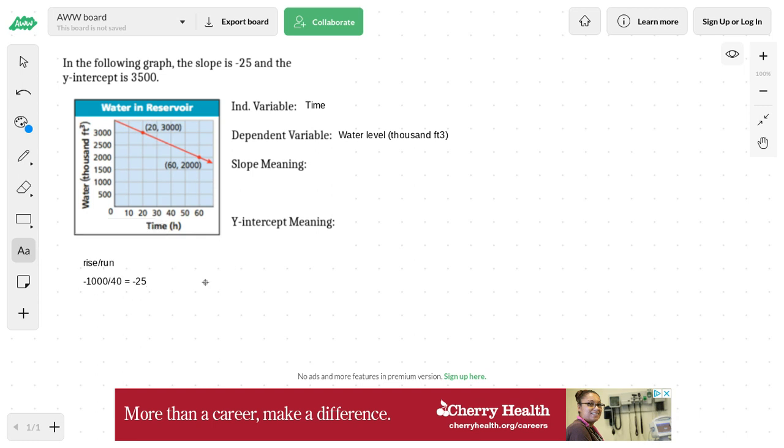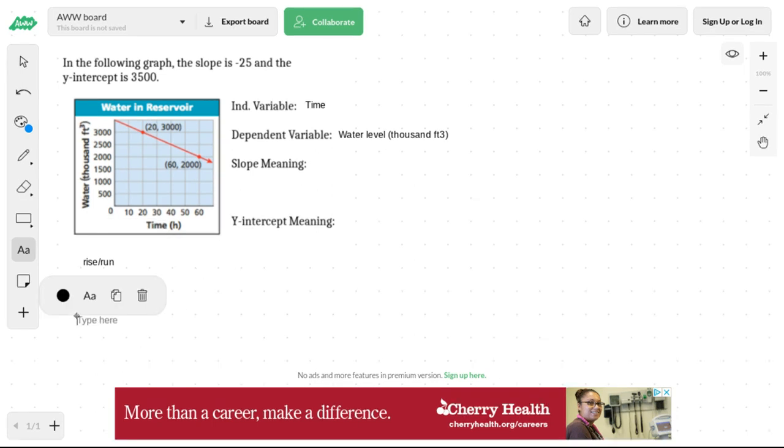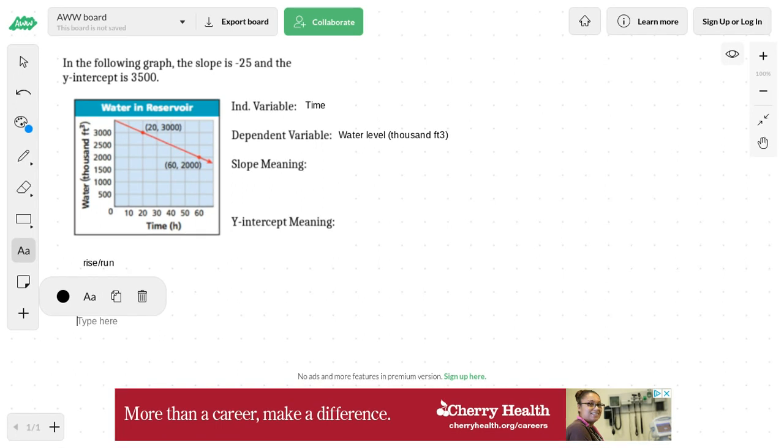If I wanted to do the slope formula, remember slope formula is y2 minus y1 over x2 minus x1.